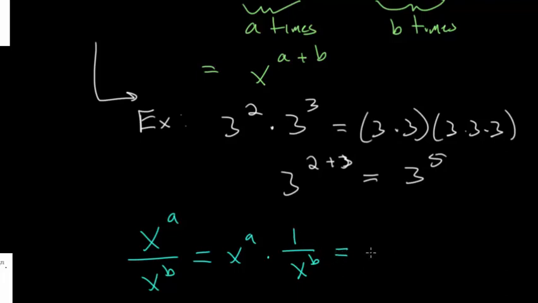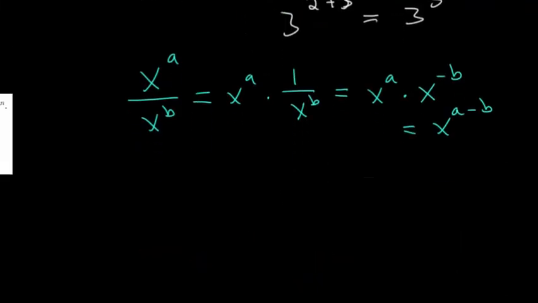And repeated division, remember, we can just rewrite with a negative exponent and then apply the rule that we just saw above. This is x to the a plus negative b, or just x to the a minus b. So when you have a quotient here with two exponential expressions with the same base, where x is our base, then we're going to subtract the exponents. We're going to take the top one and subtract the bottom one.